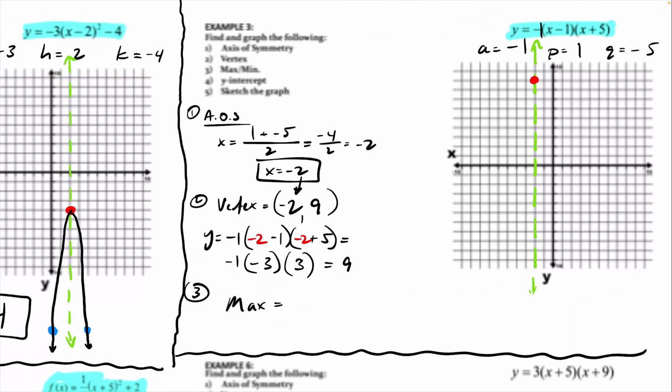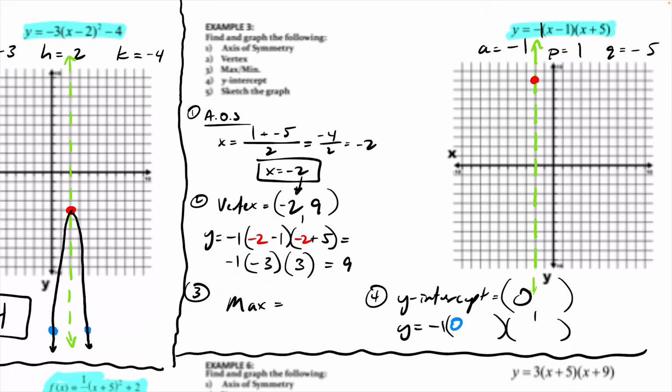Okay, so let's do the y-intercept now. 0 comma something. Plug in 0 just like I did last time. Everywhere there's an x, plug in a 0, use your calculator to do the rest. So -1, parentheses, parentheses, 0, 0, -1 plus 5.